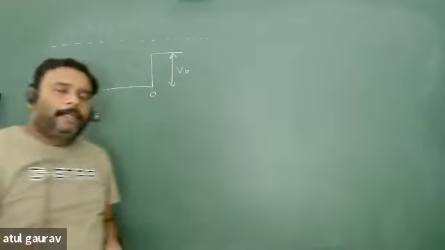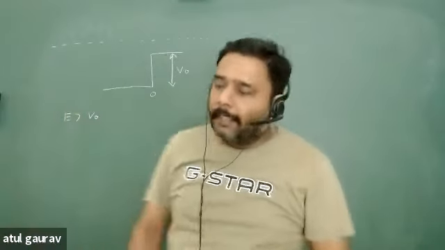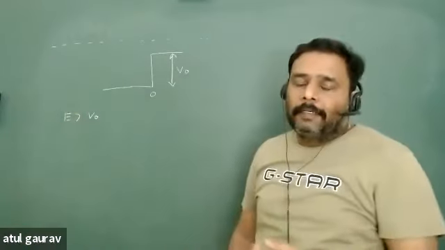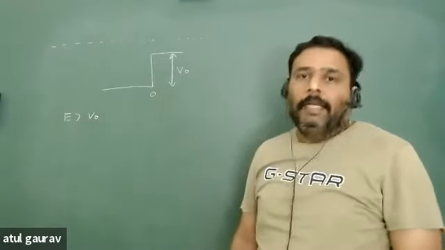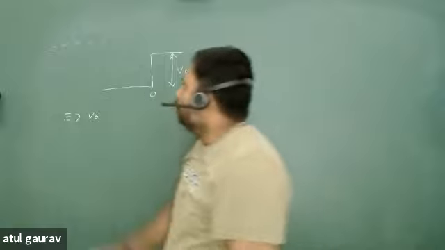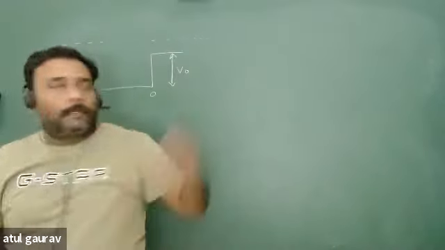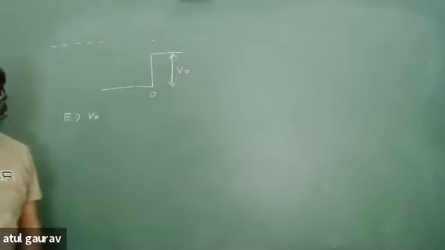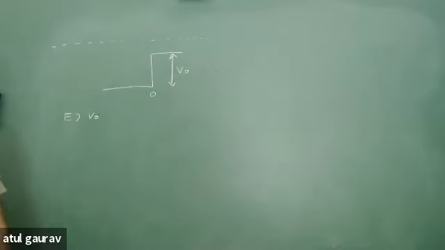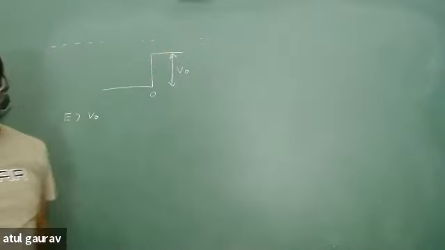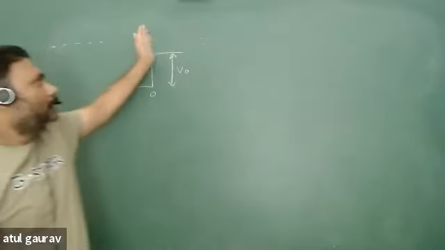But what will happen when we do this experiment with electrons? We have seen that sometimes the particle can cross this barrier and sometimes it can come back. How can this event be justified? Sometimes it can just cross this barrier and sometimes it can just come back.